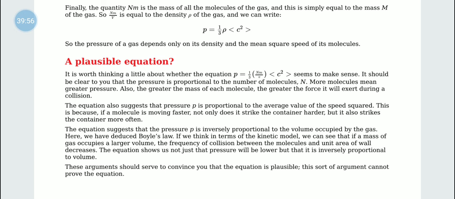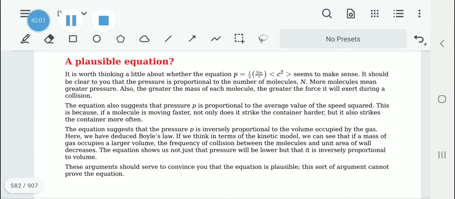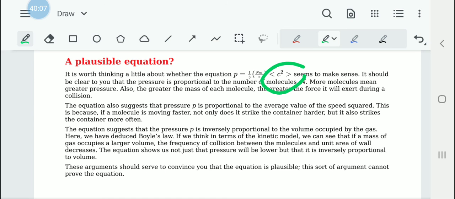Write this down, because when a molecule moves faster, two quantities will actually affect it. Not only does it strike the wall harder, it also would collide more often.